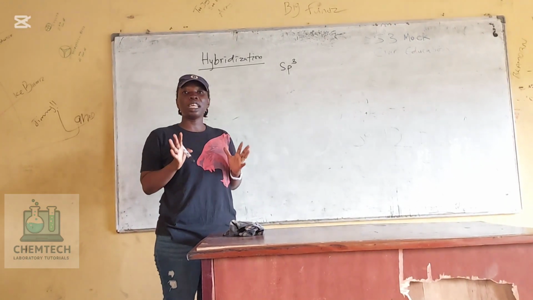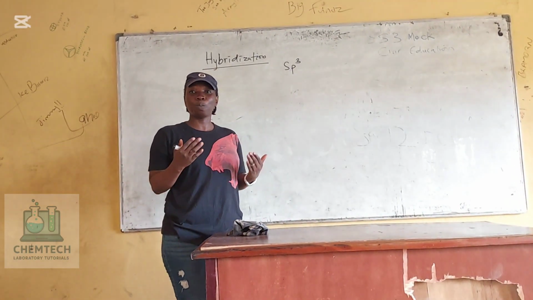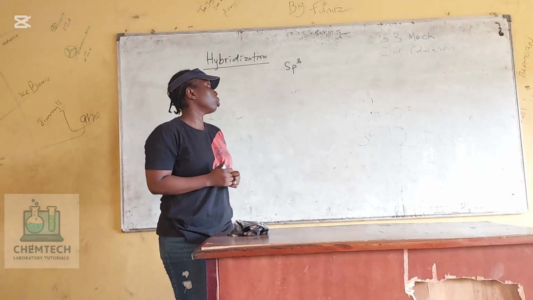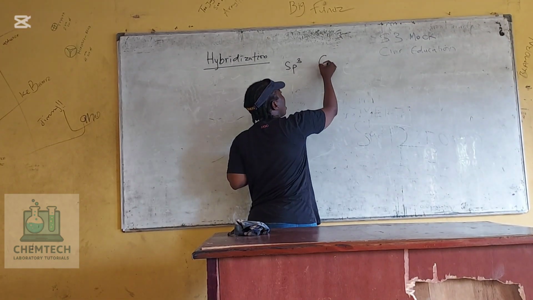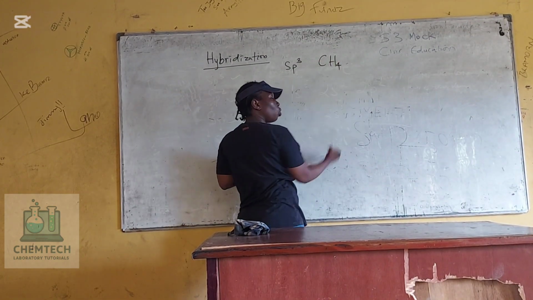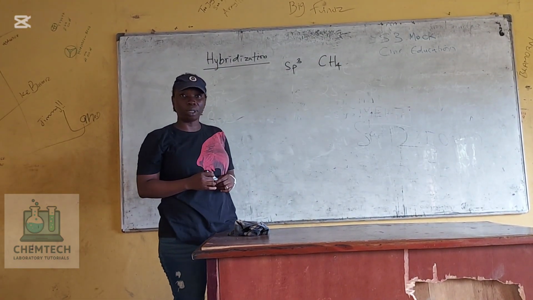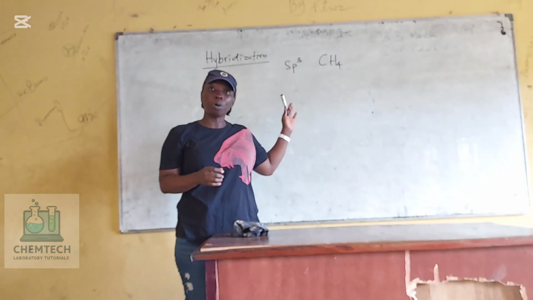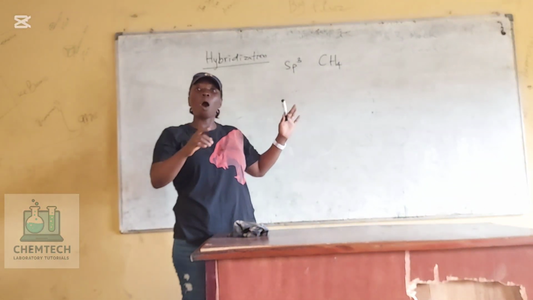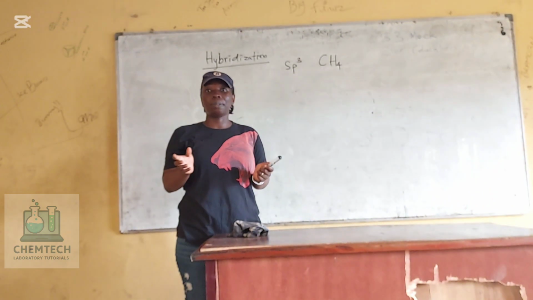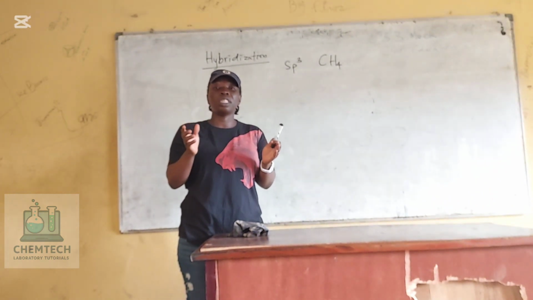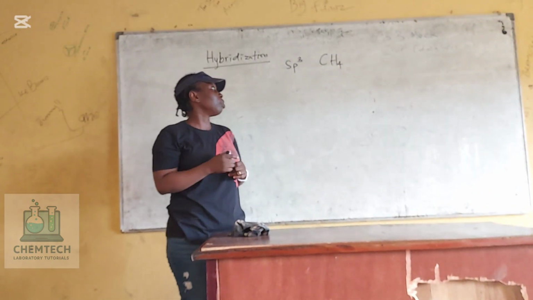Okay, now we are going to give an example of an sp3 hybridized compound. Example is methane. Note that all single bonds of carbon, where carbon uses all its orbitals, is called sp3 hybridization.